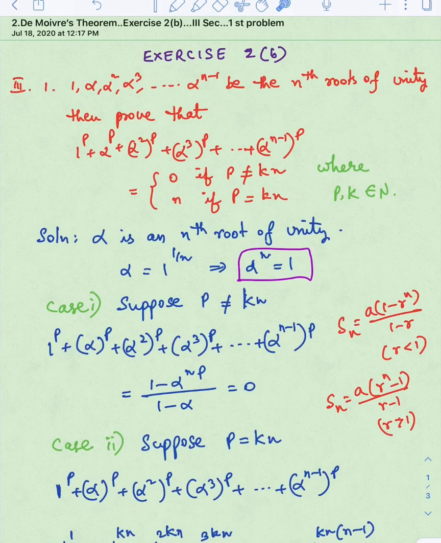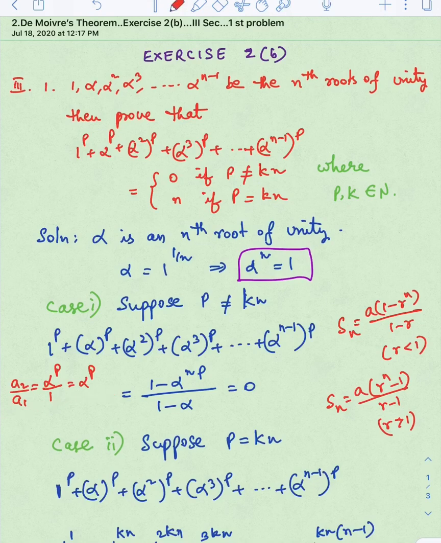1 minus r power n. What is the r in it? a2 by a1 means alpha power p by 1, and 1 power p is nothing but 1 only. So what is the result? Alpha power p is r. So in place of r, put alpha power p, and there are n terms.